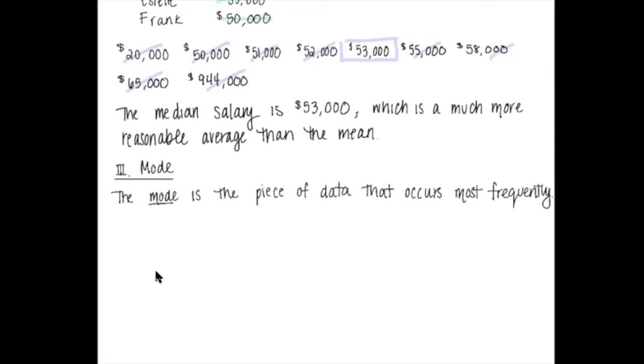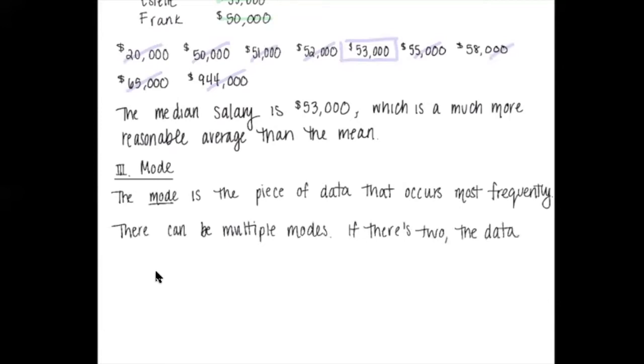You can have three modes, perfectly fine. So there can be multiple modes. If there's two, the data is called bimodal. So bi means two.